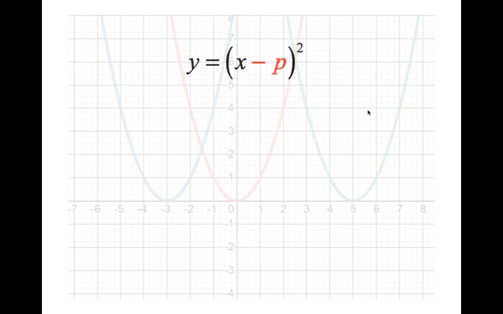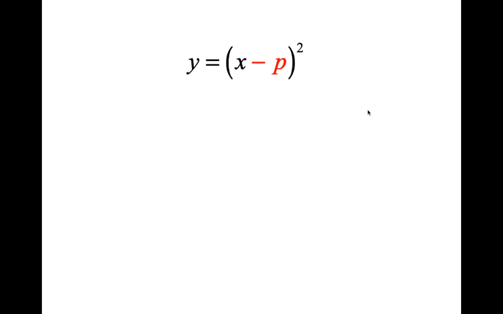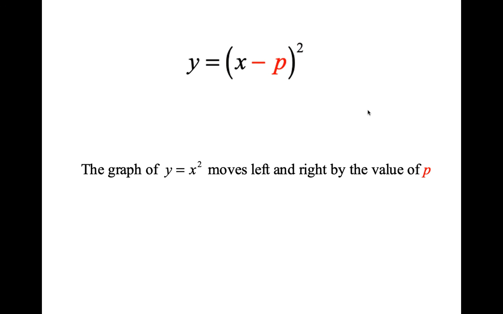Now, all of this helps us, so we'll write this down. When you have a number on the inside, it moves your graph left and right in the opposite direction from what you would expect. That's why we say it moves left and right by the value of p, even though this is a negative p. The value has changed signs in order to go in the correct direction.